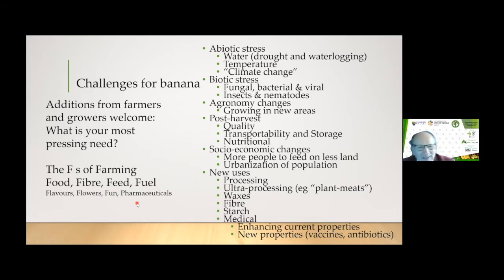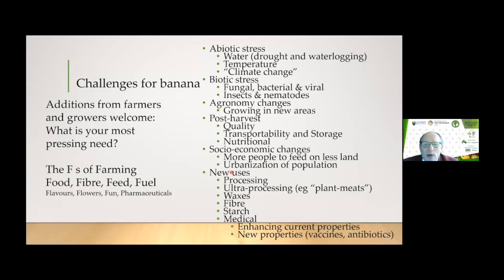And of course, the final F of pharmaceuticals, where plants provide us with a lot of the pharmaceutical origin components, and we need to think about those. So all these F's of farming are very important for the outputs of what the farmers are producing.